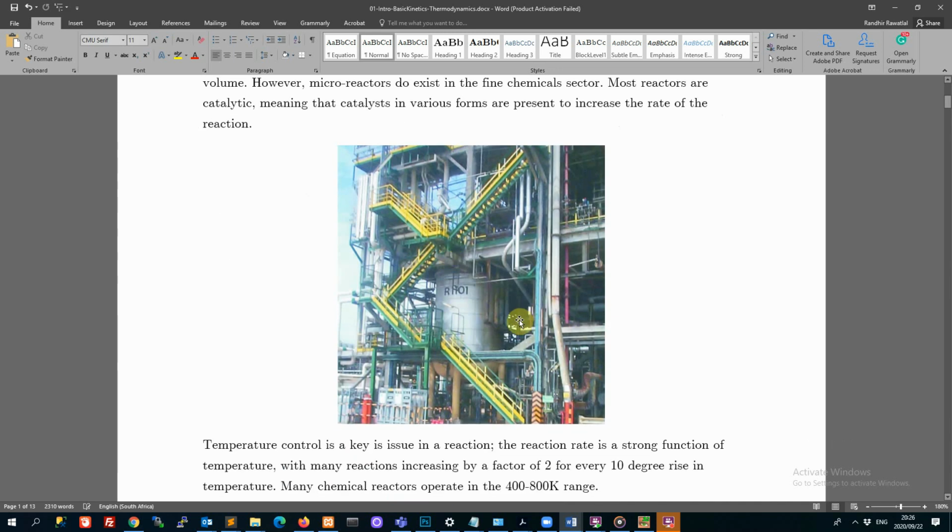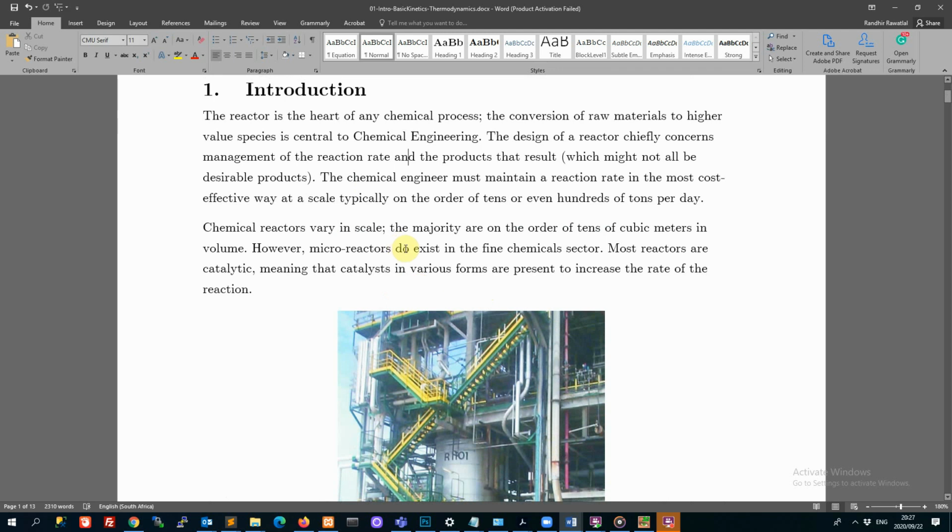So we want to design a reactor, and it's really just a space where we can control things like the temperature and the concentration. We want to design the space so that we achieve the productivity that we want and that we are getting our components out at the composition, at the purity that we've defined.